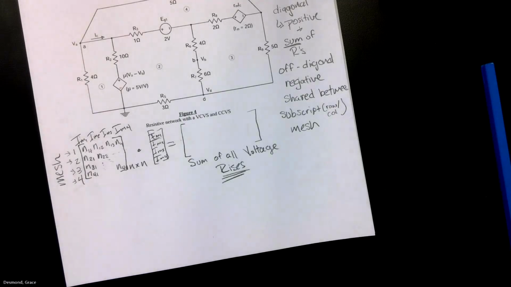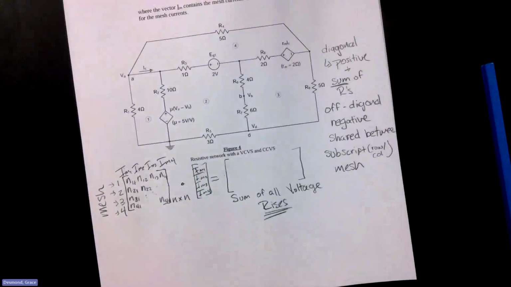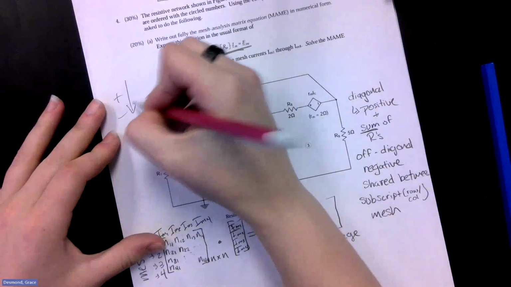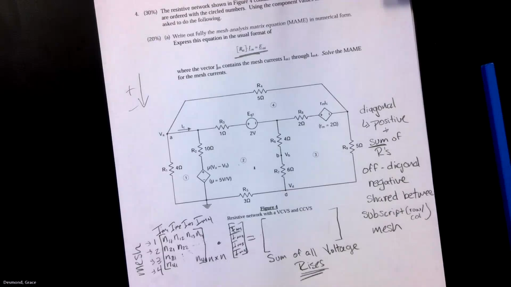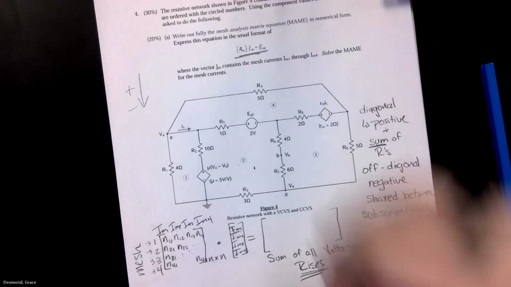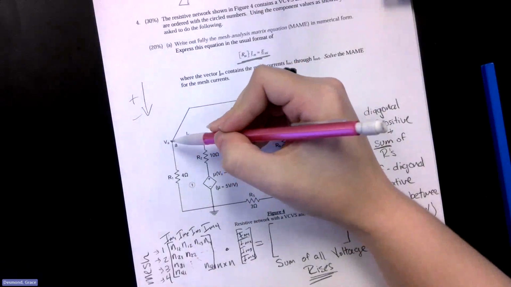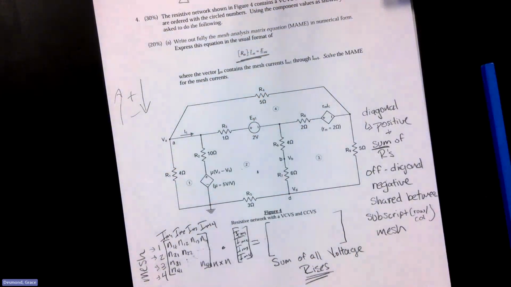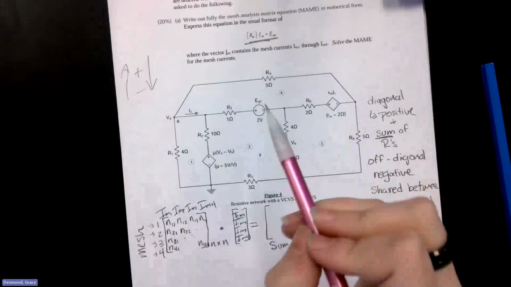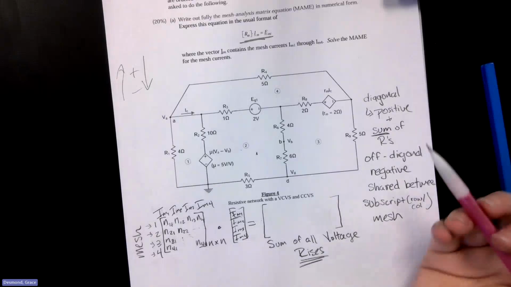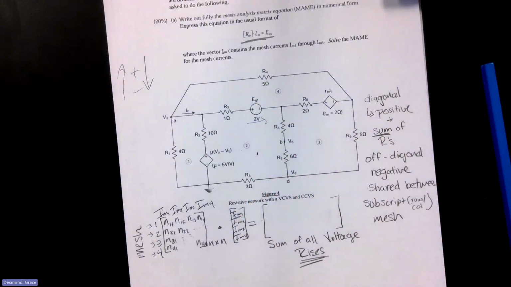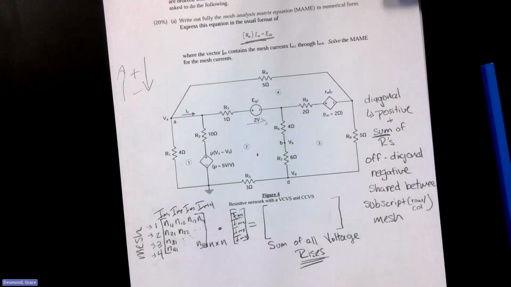Sweet? Sweet. So going from positive to negative, like this, is a voltage drop. A voltage rise would be here if you were going from negative to positive. So every time you see a source, if you go from positive to negative, is it going to be positive or negative here?